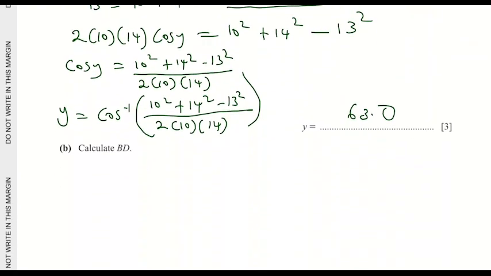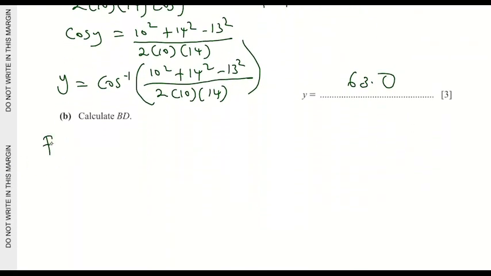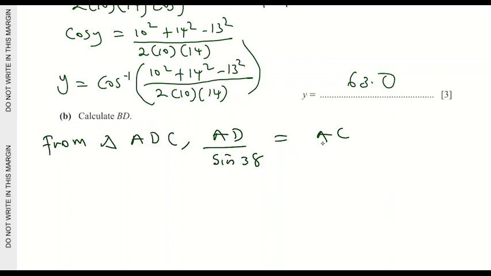So I just want to show you. So I can say from triangle ADC, as I showed you, AD over sine 38 equals AC over sine 97. So if you cross multiply, I make AD the subject of the formula. Let's take that again.